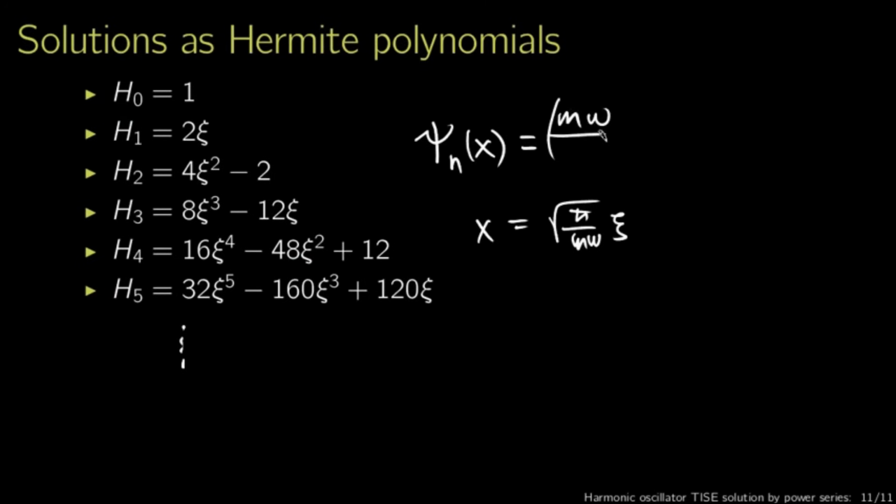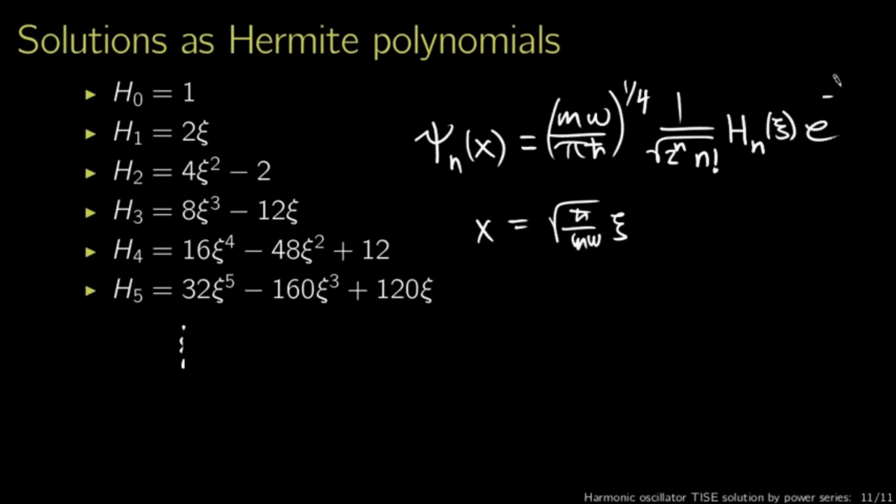M omega over pi h bar raised to the 1/4 power times something specific to the Hermite polynomials, a normalization to take care of the Hermite polynomial definitions, square root of 2 to the n factorial, multiplied by the nth Hermite polynomial as a function of xi, times e to the minus xi squared over 2.